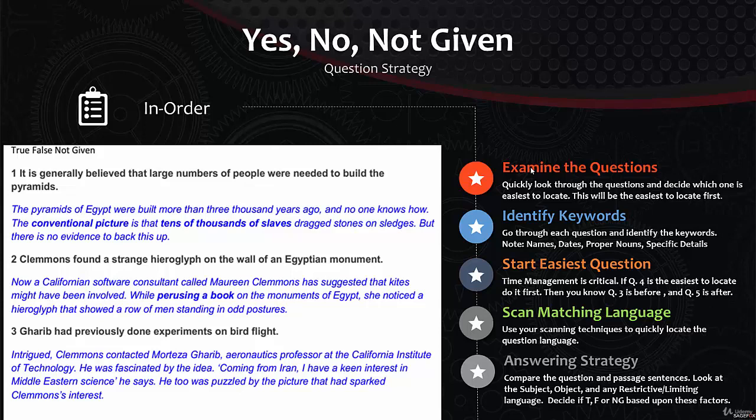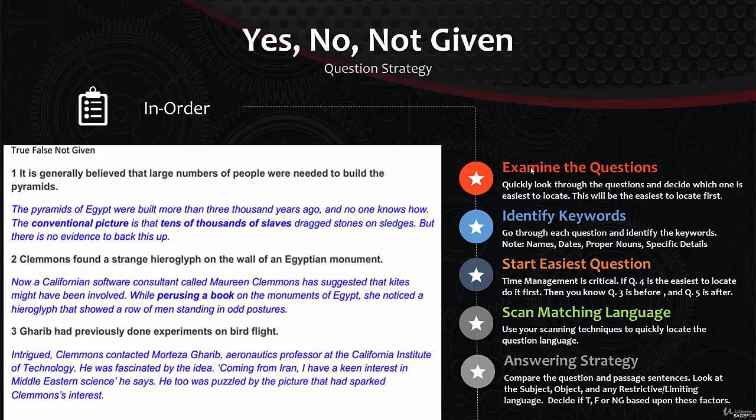Number 3: Garib had previously done experiments on bird flight. The passage says, intrigued, Clemens contacted Morteza Garib, aeronautics professor at the California Institute of Technology. He was fascinated by the idea coming from Iran. I have a keen interest in Middle Eastern science, he says. He, too, was puzzled by the picture that had sparked Clemens' interest. Now, in this situation, there is language from the question that is missing in the matching passage sentence.